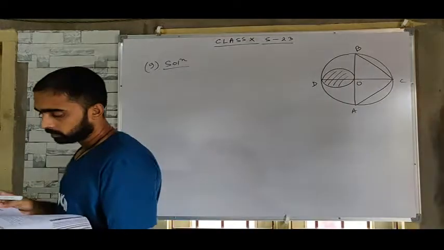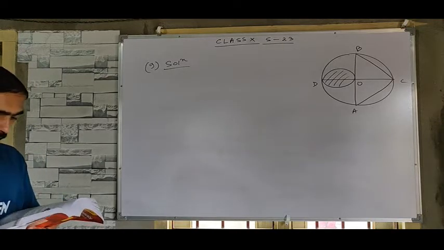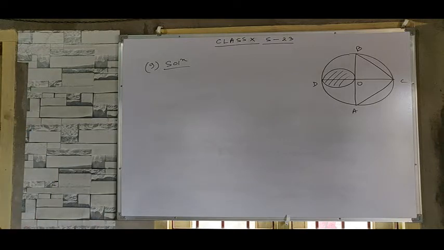In the given figure, AB and CD are two diameters of a circle with center O, perpendicular to each other. OA equal to 7, and find the area of the shaded region.